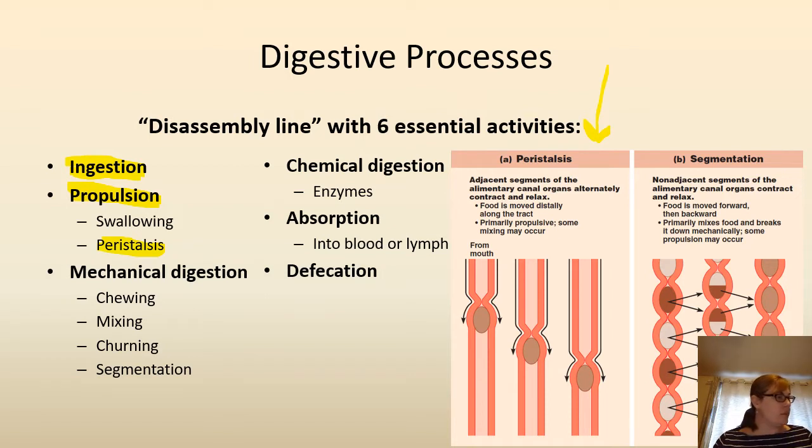And this is in your book on page 871, has this exact picture. So I thought I could move myself, but apparently I can't. But you'll see this picture here on page 871, so you can see it better. So mechanical digestion, peristalsis.